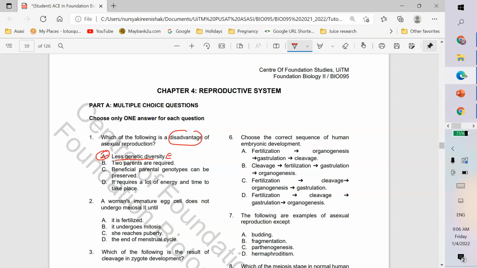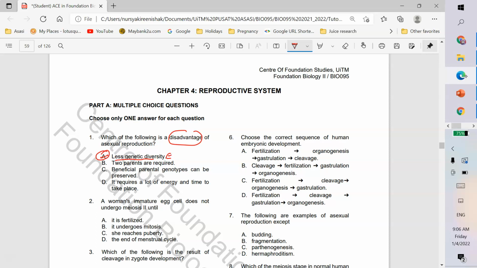And why is it a disadvantage? Because, for example, if that population of organisms is infected by a certain disease, all the members of that population will not be able to survive because there will be no variation in terms of genetic diversity. Tak ada gene yang kuat untuk melawan serangan penyakit tu.